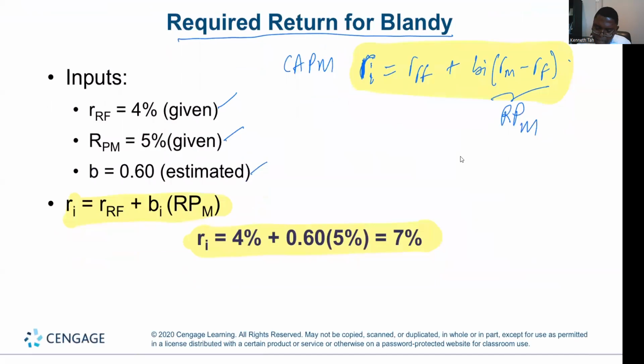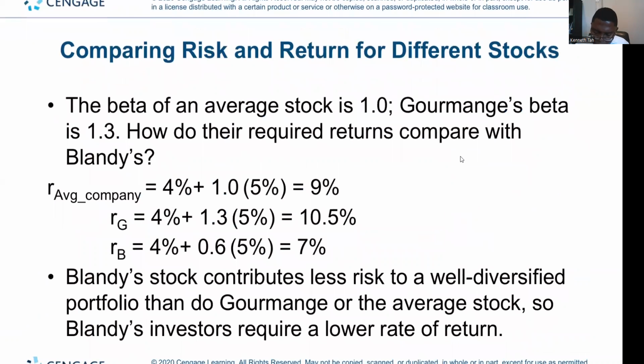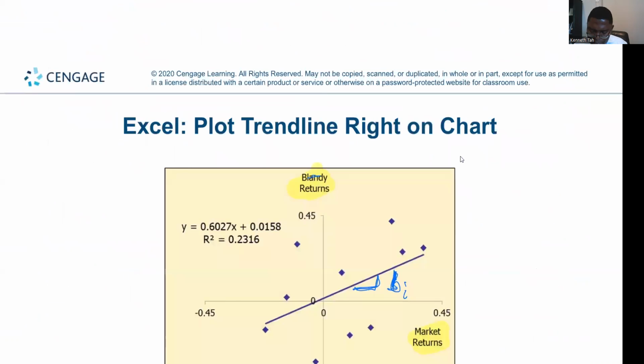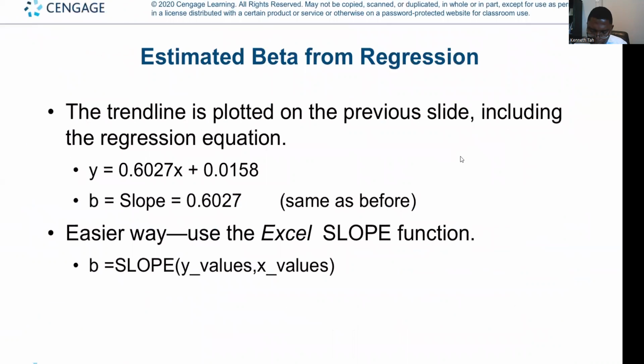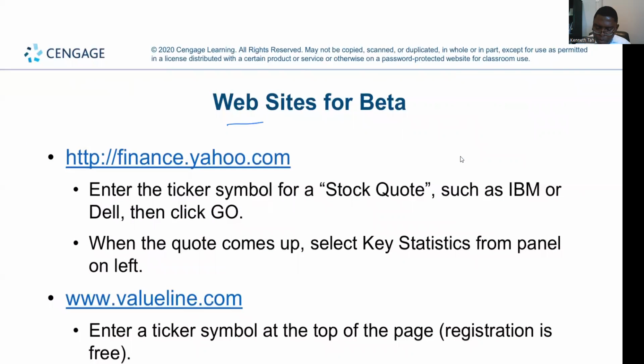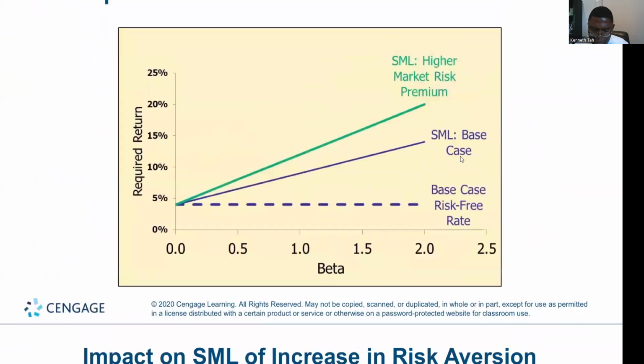Once we have the beta coefficient, the risk-free rate and the market risk premium, we can calculate the required return. We can do that for all the other companies and have their respective required returns. Companies' beta coefficients we can find on various websites online.